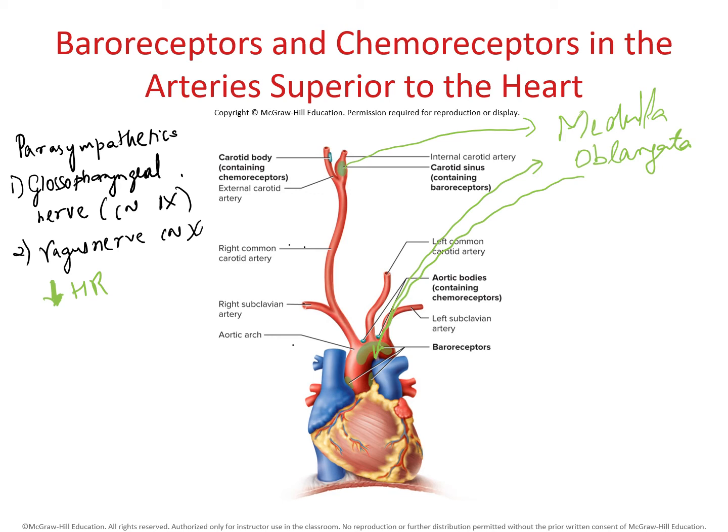Now, the other component of the nervous system that controls blood pressure is the sympathetic nervous system. I should write that down.